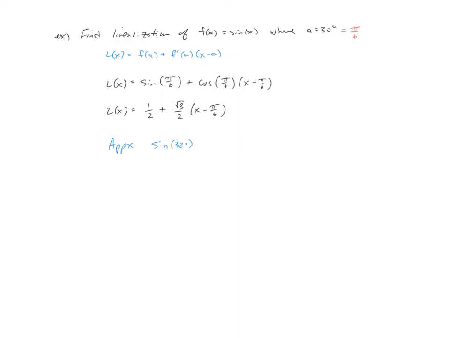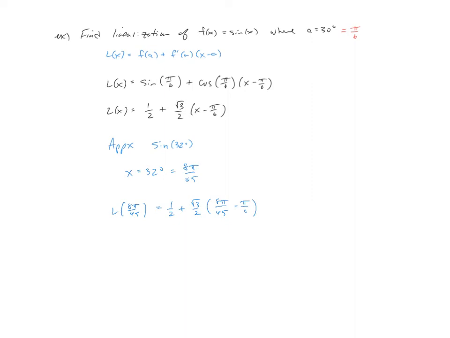So if we use our linear approximation, our x value is going to be 32 degrees, which converts to 8 pi over 45 radians. So L of 8 pi over 45 is going to be equal to 1/2 plus root 3 over 2 times 8 pi over 45 minus pi over 6.